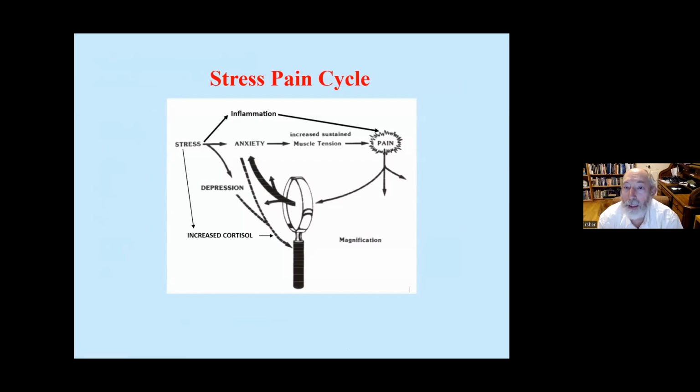There's a lot of things that cause and maintain chronic pain. So let's say somebody is under stress. Do any of you ever get under stress? Everybody does. Stress leads to anxiety. It leads to a number of different things, like increased muscle tension, decreased blood flow to the periphery.